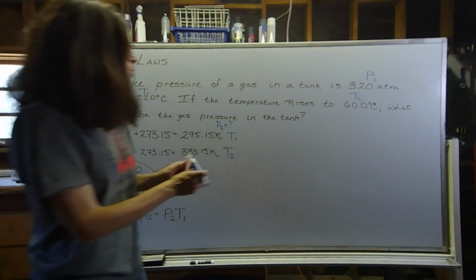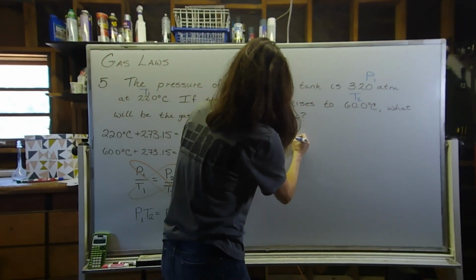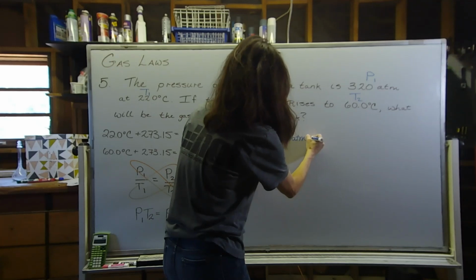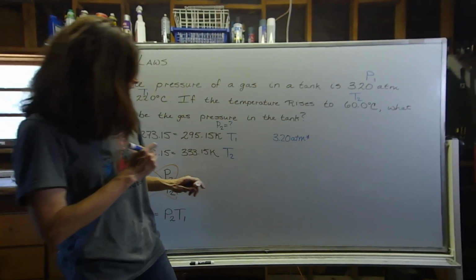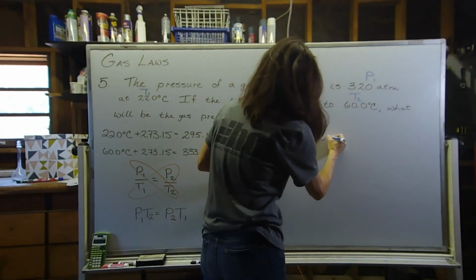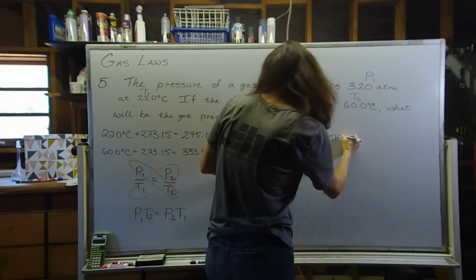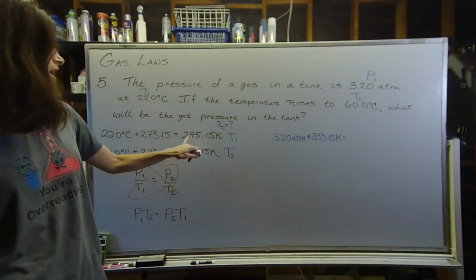So P1 is 3.20 atmospheres. And we need to multiply that by T2, which is 333.15 Kelvin. And that's going to equal P2, which is currently unknown, times the T1.